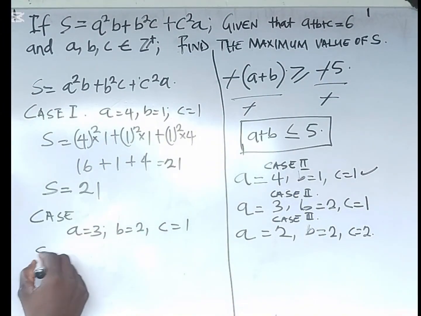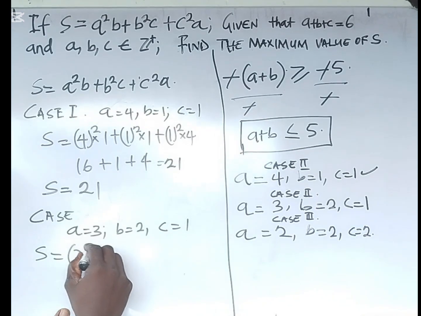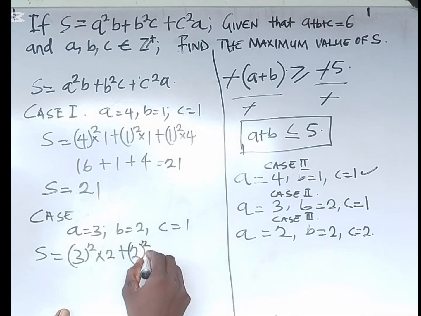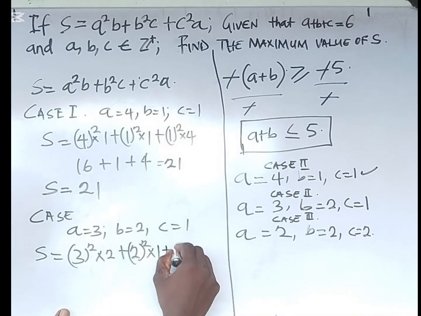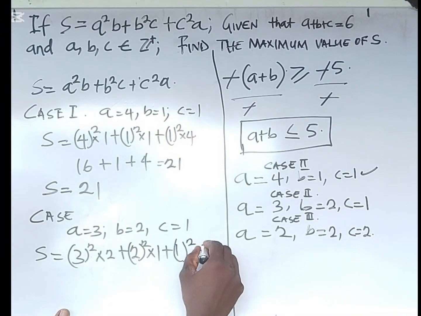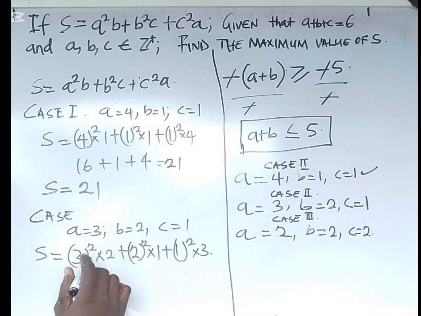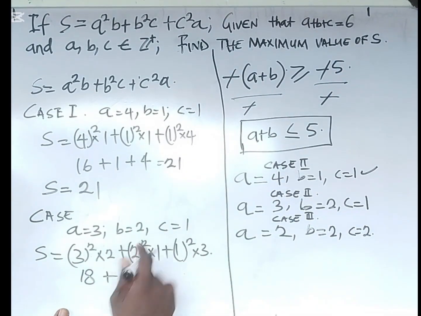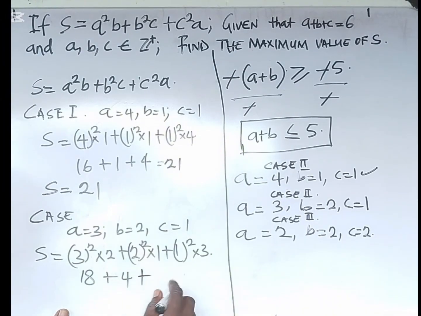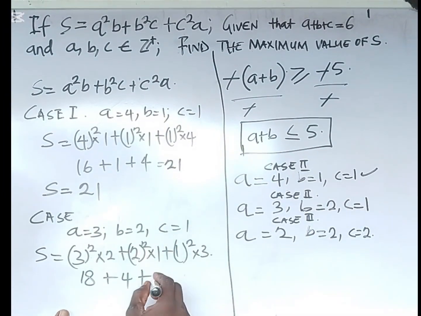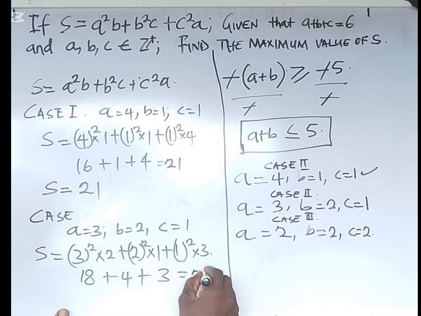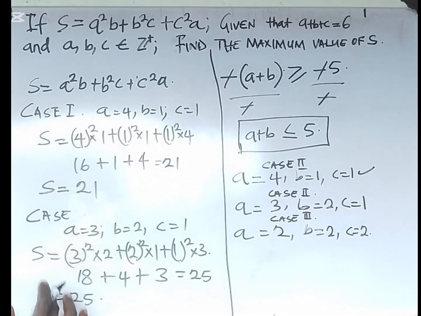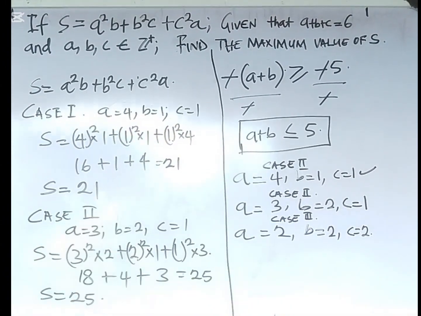Substituting into this equation, x becomes 3 squared times 2 plus 2 squared times 1 plus 1 squared times 3. 3 squared is 9, and 9 times 2 is 18. Plus 2 squared is 4, and 4 times 1 is 4. Plus 1 squared is 1, and 1 times 3 is 3. This is equal to 25. So x is equal to 25. That is the value of x in case 2.